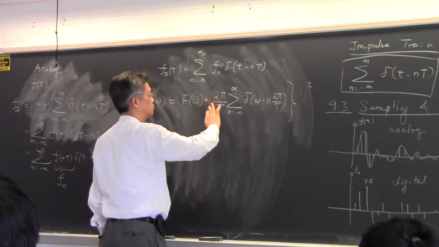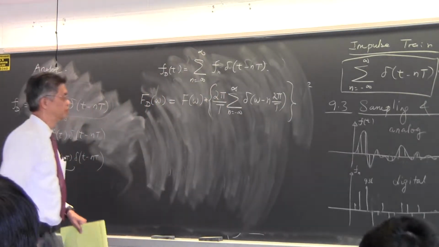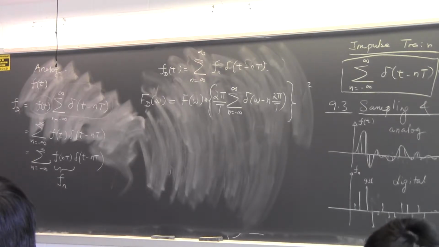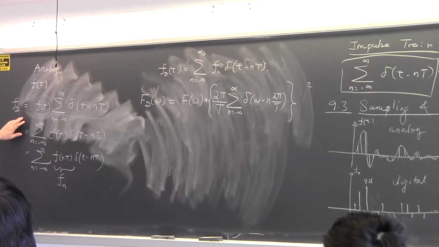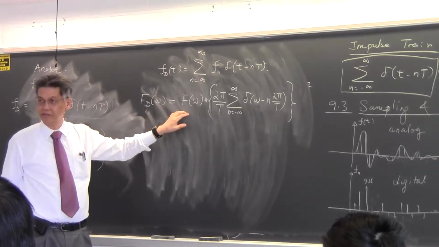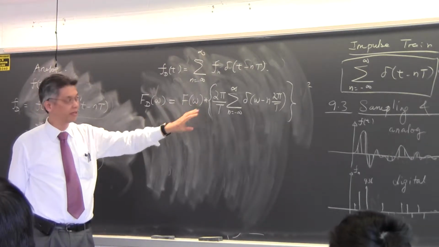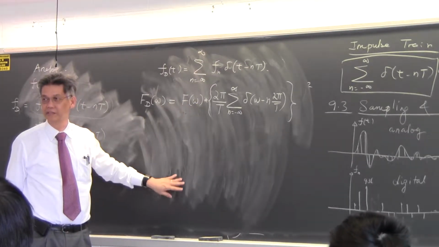Does everybody agree that if I digitize this signal, which can be written as above or in its original form, the Fourier transform of this digitized signal is just the original spectrum convolving with the impulse train?